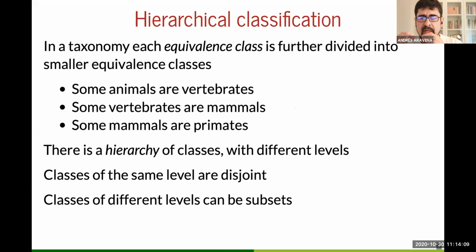The point is, one subclass belongs only to one superclass. In other words, mammals are all vertebrates. You don't have mammals that are not vertebrates. Once you separate the big set into smaller sets, the new classifications are always compatible with the previous one. You never mix things.